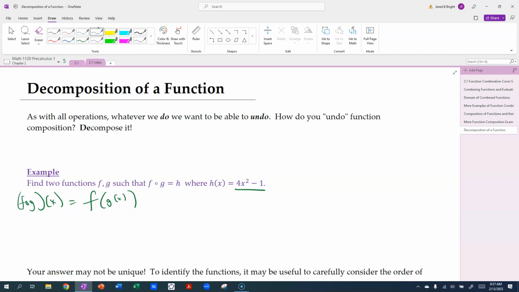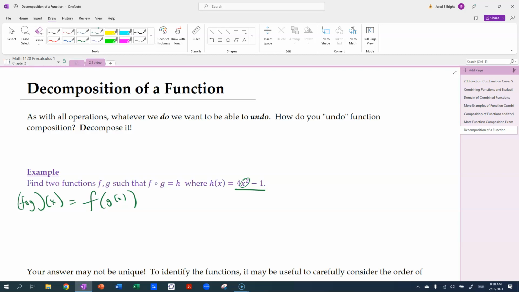Now, honestly, this is a lot of trial and error, and it also takes a little bit of mathematical vision. What I tend to do is think about order of operations. Maybe sometimes that's helpful. We notice we have an x squared, so according to PEMDAS, exponents come before multiplication and division.